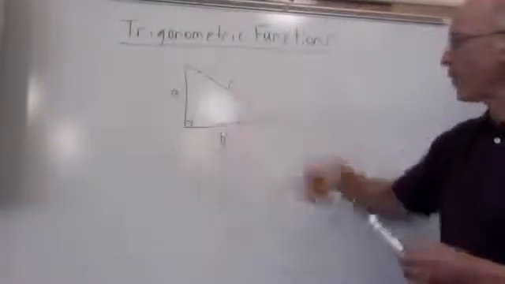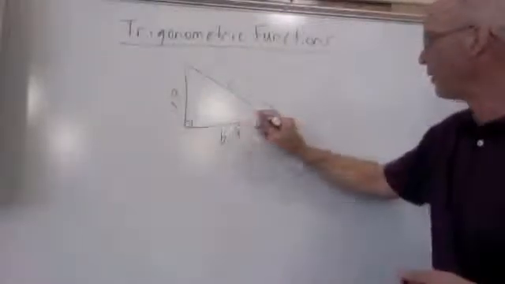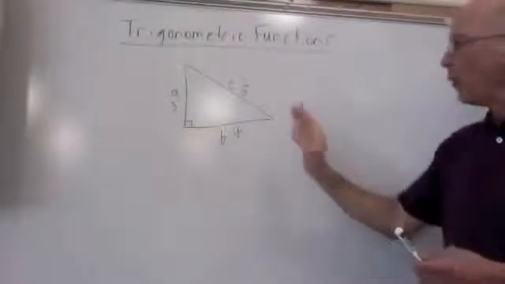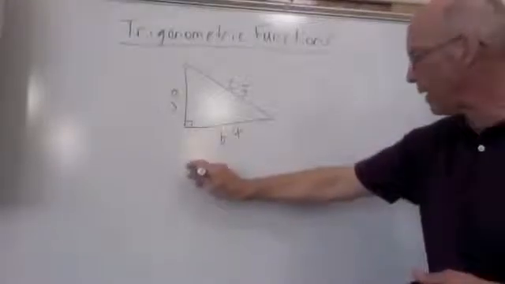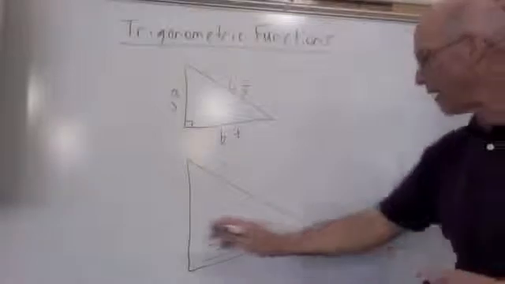Now, I could have a right triangle. Let's say this was a 3, 4, 5 right triangle that you learned about in the last section. Well, I could have a triangle that looked like that. I could double the size of everybody, make it 6, 8, 10.